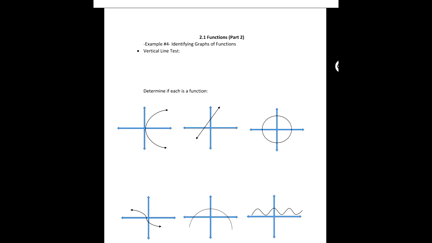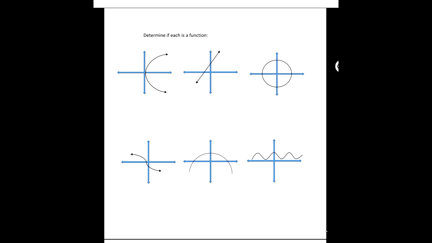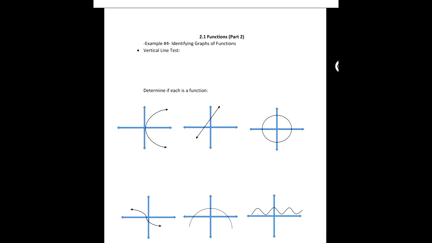Okay, so this is the second video for 2.1 functions. Before, we talked about how a function has to have only one output for every input. How you can tell if a graph is a function is by doing something we call the vertical line test.